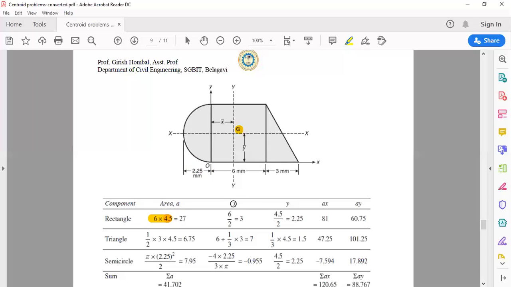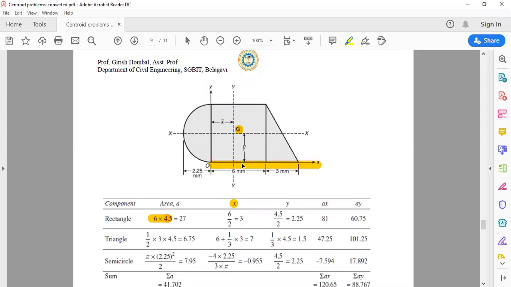Now next I want x bar of the rectangle, and we all know that x bar is always measured from the reference y-axis. So the distance of this CG from the reference y-axis is 6 divided by 2, or b divided by 2, which is 3. Next I want the y coordinate, and we all know that the y coordinate is always measured from the reference x-axis.